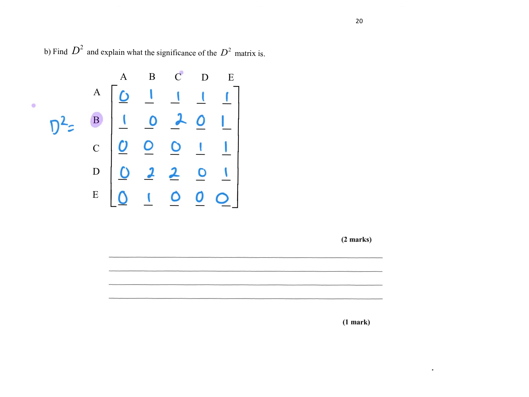I'm going to pick this one, between B and C. B has two options of two-step dominance over C. So when they ask you to explain what the D squared matrix is, you might say D squared matrix is two-step dominance. You might write that this is when one player dominates a player that has beaten another player.